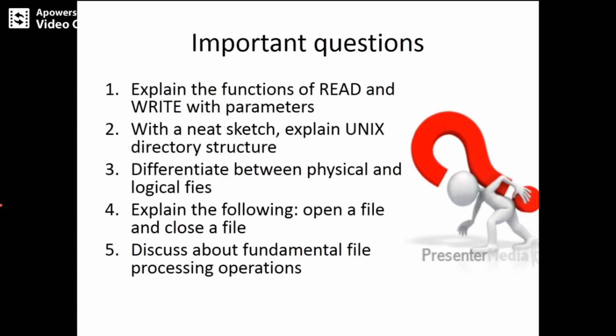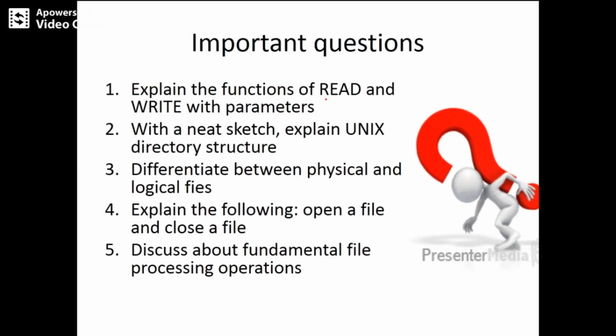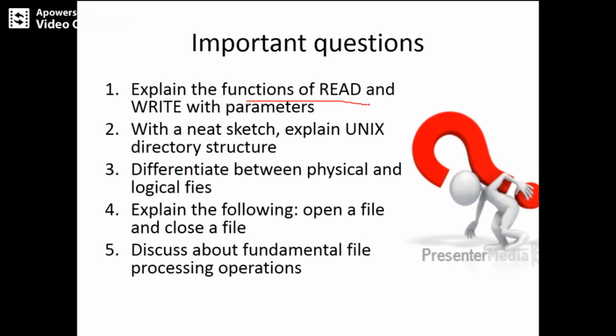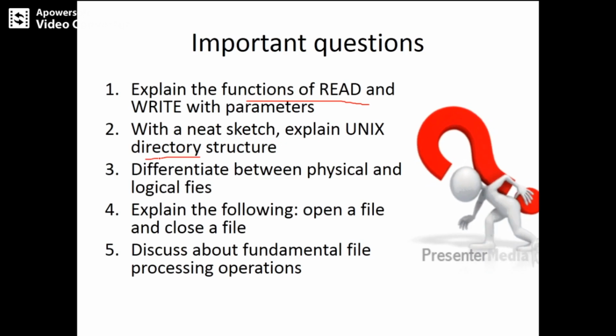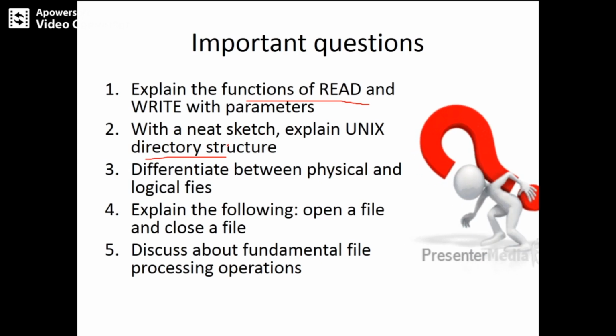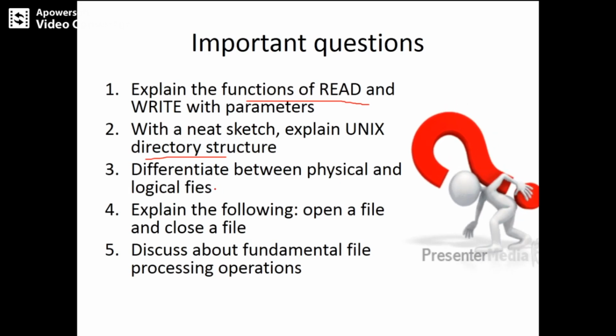So this is about chapter 2, and here are some of the important questions. One is on read and write: explain the functions of read and write with the parameters. Then, with a neat sketch, explain the Unix directory structure, an important question you have already seen. Then differentiate between physical and logical files; you need to list out the main differences.